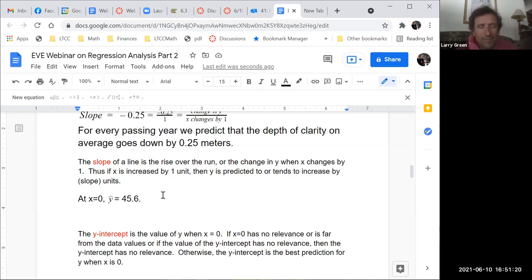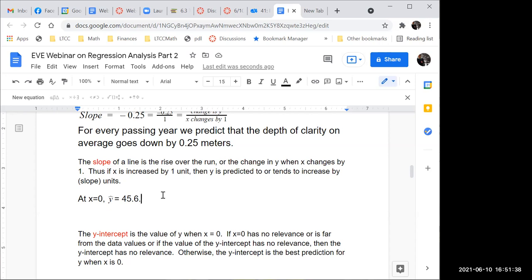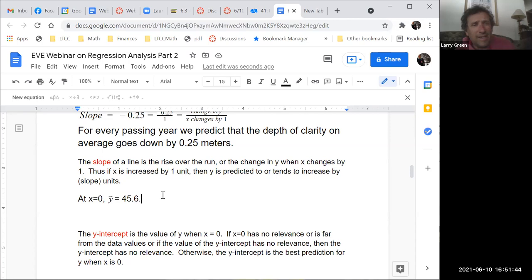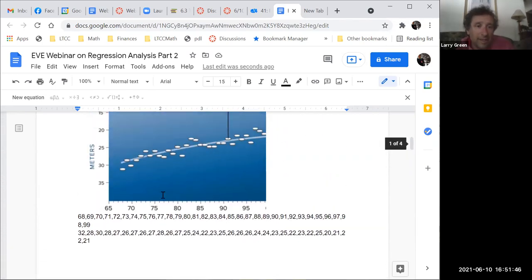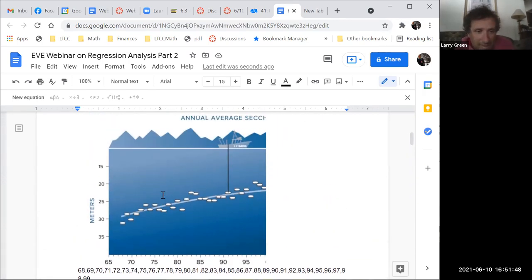All right, so now we want to say, does this even have any meaning? What can we say? X equals 0, what is that now in terms of our particular study? The starting point of when they got the data. Not when they got the data, it turns out. The key is it helps to look at the picture again.